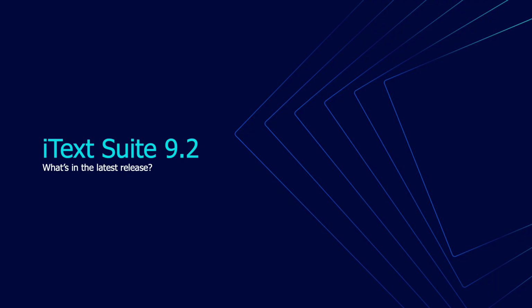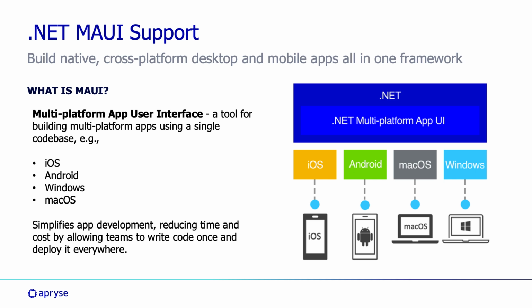Okay, so iText Suite 9.2, which is our latest release and the second of this year, 2025. MAUI. So I think there's a bit of a theme here. You saw that we always try to be where the developers are or want to be, and that's one of the reasons why we did GraalVM. We also got a lot of developers asking us about MAUI.